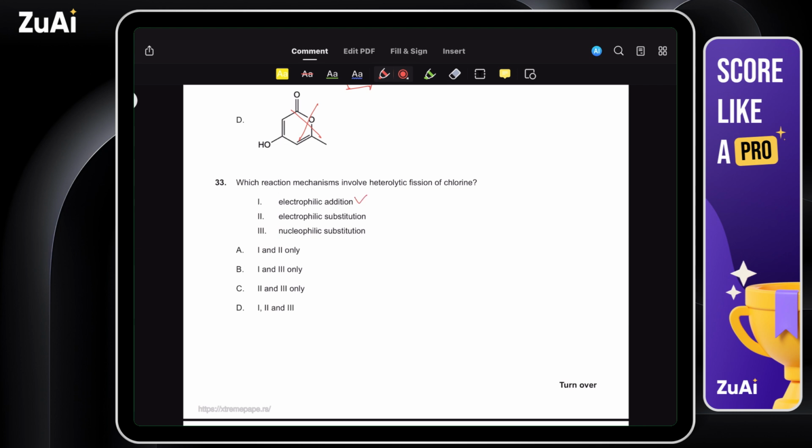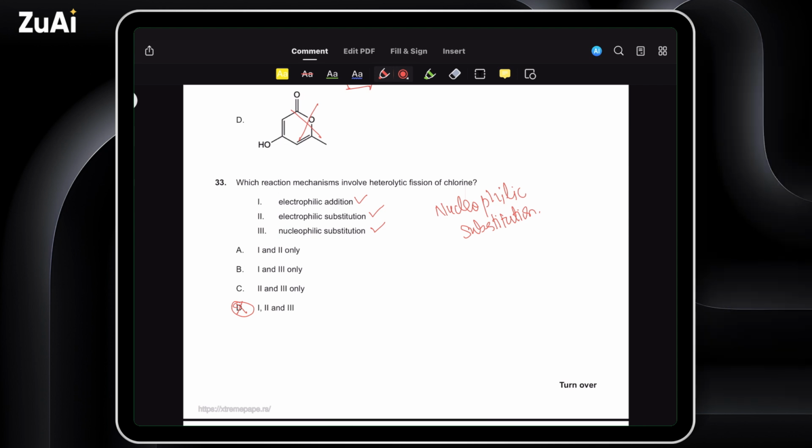So in electrophilic addition, electrophilic substitution, and nucleophilic substitution, heterolytic fission occurs. Homolytic fission occurs in a mechanism called free radical substitution. So in free radical substitution, homolytic fission occurs.